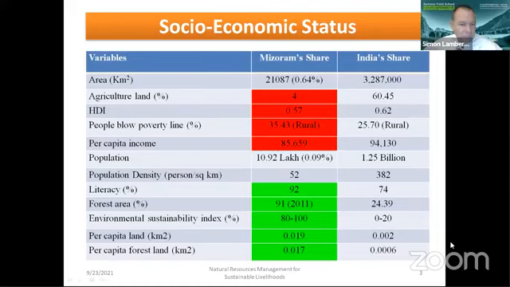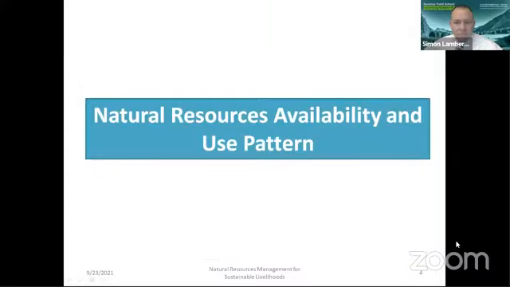If you see per capita land, it is very high compared to the national average, and per capita forest land is also very high, because only 52 persons live per square kilometer. So the density of the population is very low.